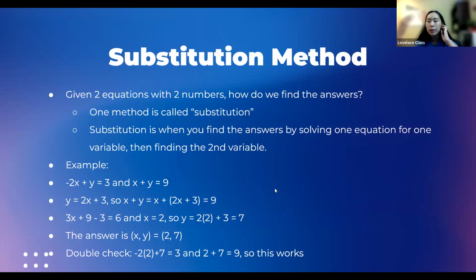Then we can replace this y in the second equation, because this point should satisfy both equations. So then x plus y can just become x plus 2x plus 3 equals 9, right? So then 3x equals 9 minus 3.